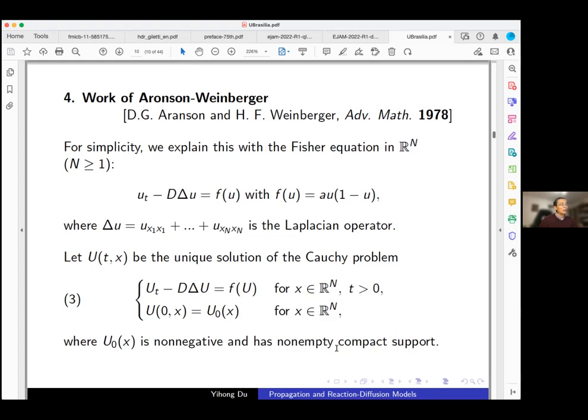In mathematics, we say it has a compact support. That is to say, the set of space variable x where u0 is positive is a bounded set in R^n, and therefore it is pre-compact. So then you look at the locally concentrated population, and you want to know how the population spreads with time using this model.